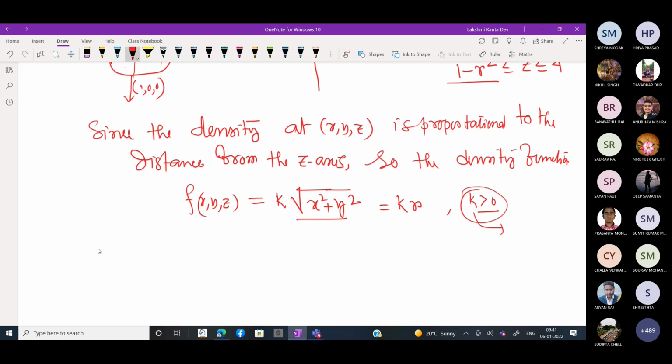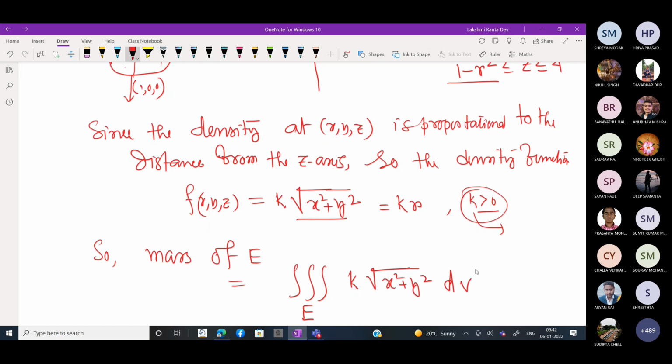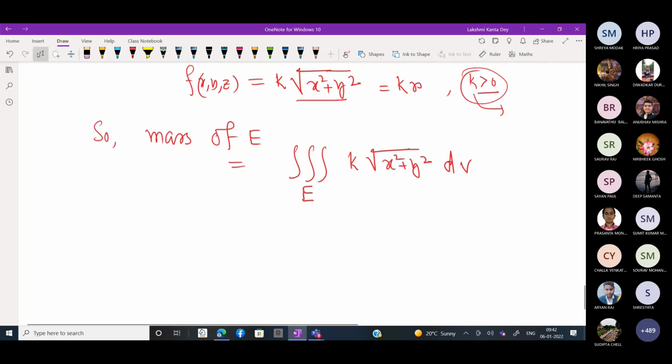So the mass of E can be found by means of the triple integration over E of k into square root of x square plus y square dV. Okay.